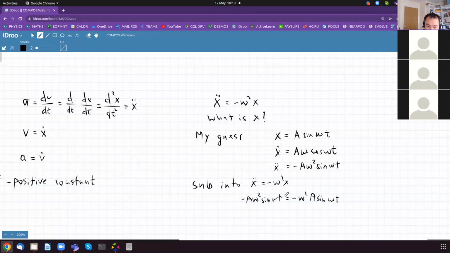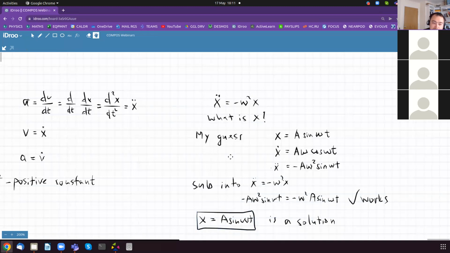It's the same thing, it works. That means x equals a sine omega t is a solution.